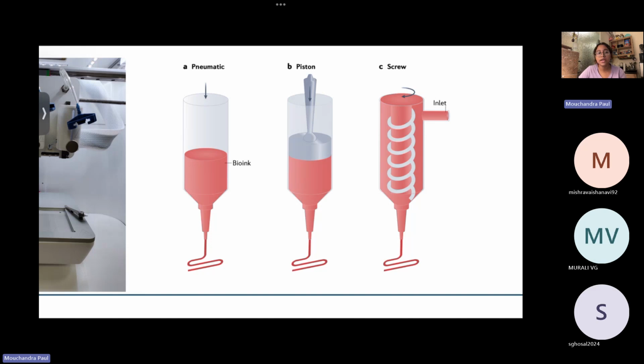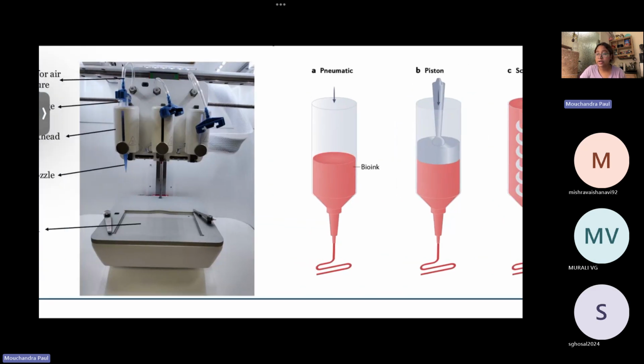A screw moves in a rotating manner. It rotates and pushes the bioink through the nozzle. In a piston, there is just a single downward motion, that's it. So these three methods of extrusion are generally used in a bioprinter system.